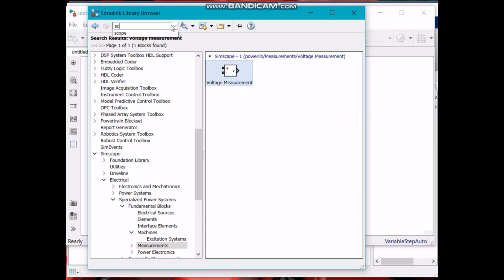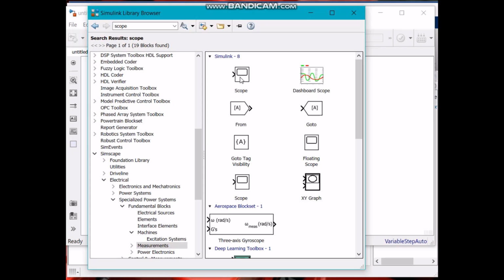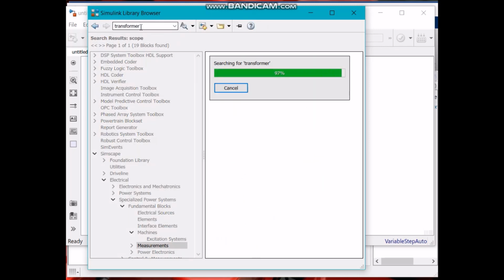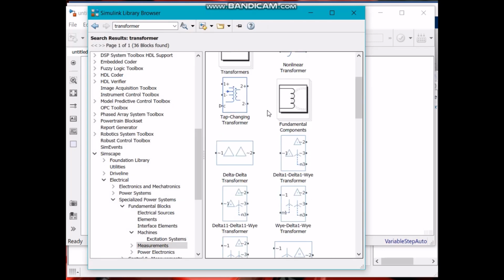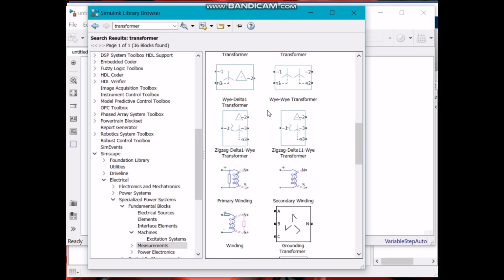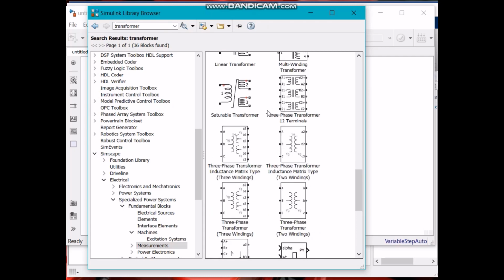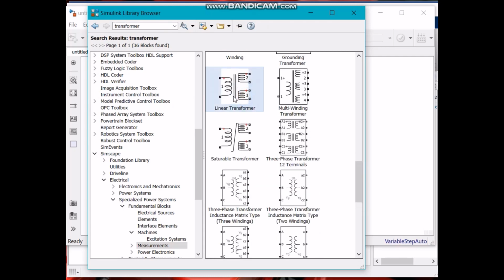We need scope, and we need transformer, of course. Select the black one. Yeah, this one or this one, both are fine.